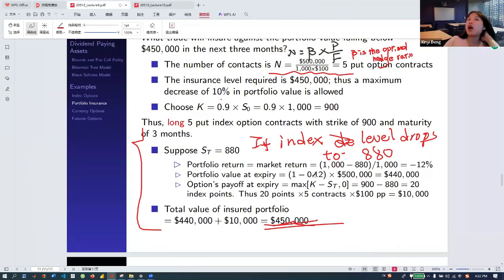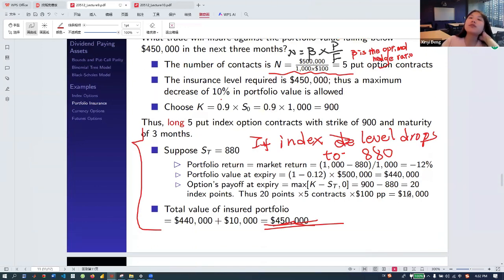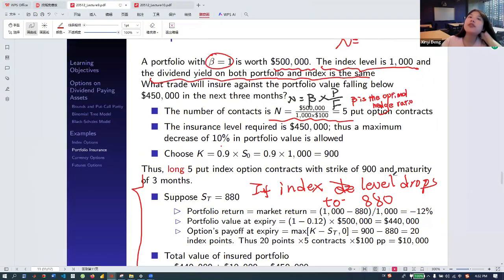You'll get that the value of the insured portfolio will stay to be $450,000, no matter what level the index drops to.